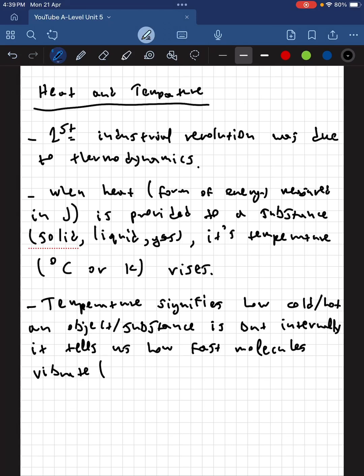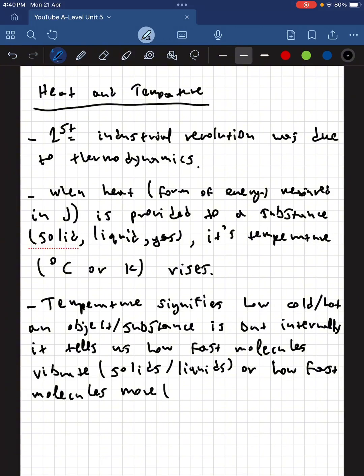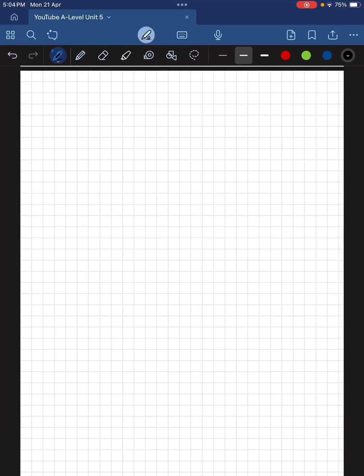So temperature tells us how fast molecules vibrate, and this happens in solids or liquids, or how fast molecules move, and this is in gases, okay? So let's talk about the internal structure of things.